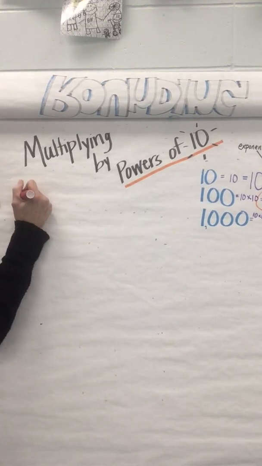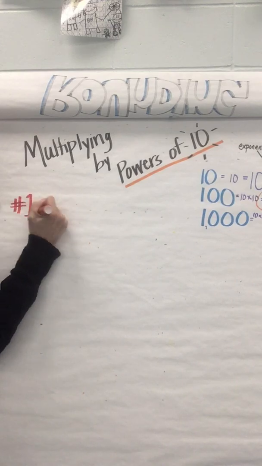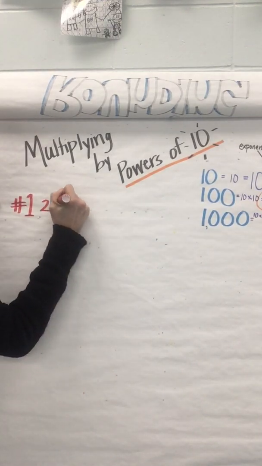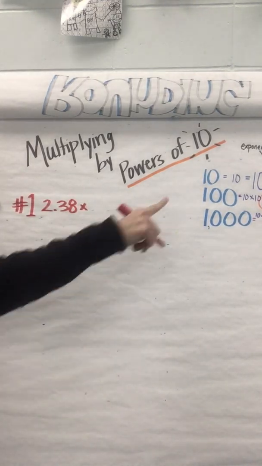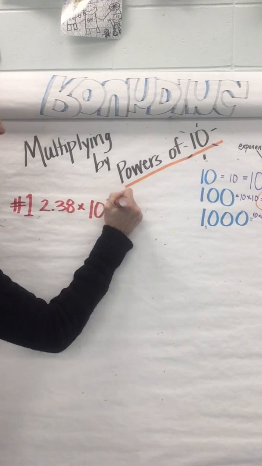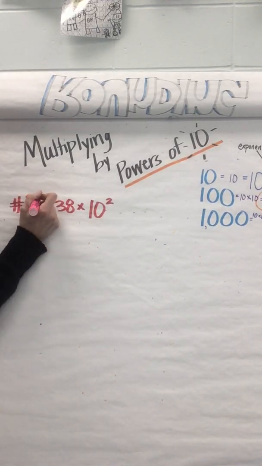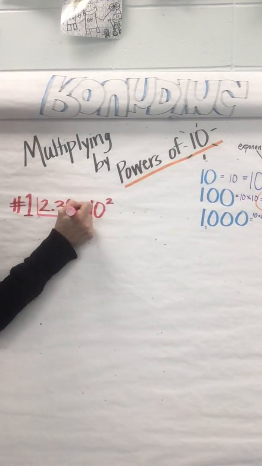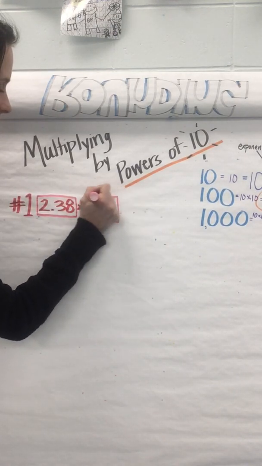So I'm going to give you an example, okay? So method number 1, I'm going to multiply 2.38 times, let's do it just by this middle one. How about 10 squared? Okay, I could do that. It looks kind of tricky, but I'm like, wait a minute. 2.38, that's the first factor. 10 squared, that's the second factor.